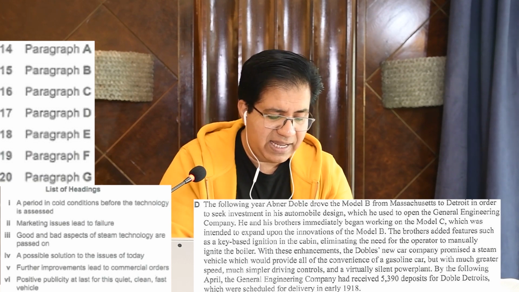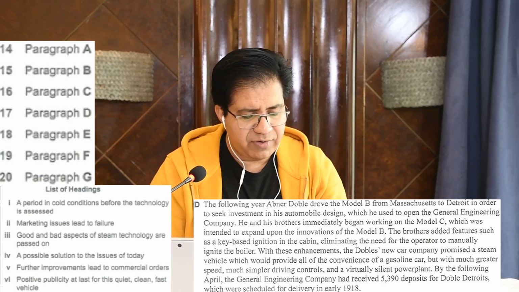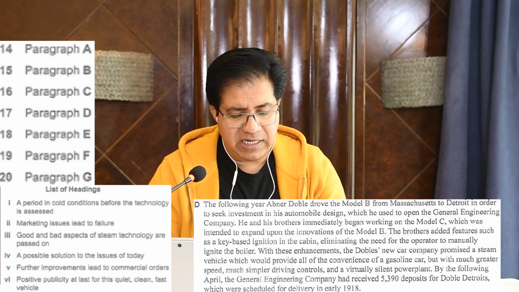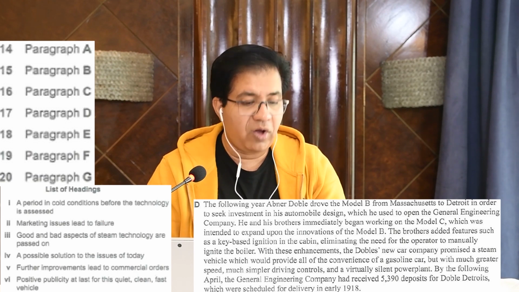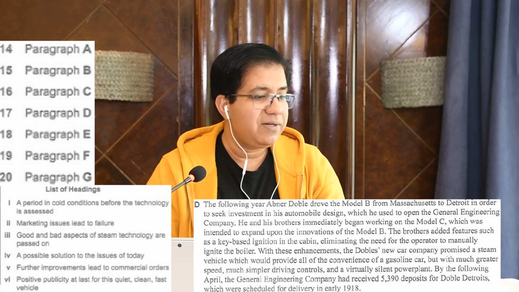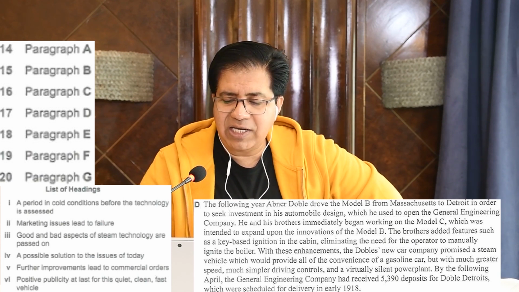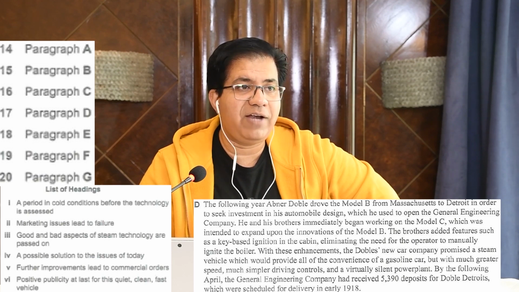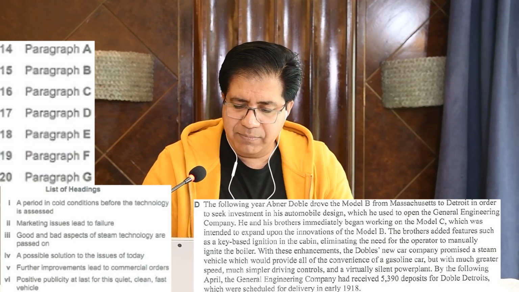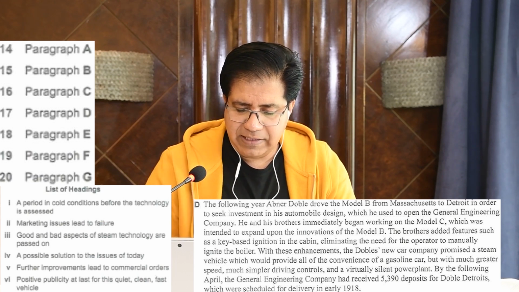If you read the last part of this sentence, by the following April, General Engineering Company had received 5,390 deposits, means orders of 5,390 cars. Okay, so what is that? Further improvements lead to commercial orders. And what was that commercial order? 5,390. So heading number 5 is the right answer for question number 17.